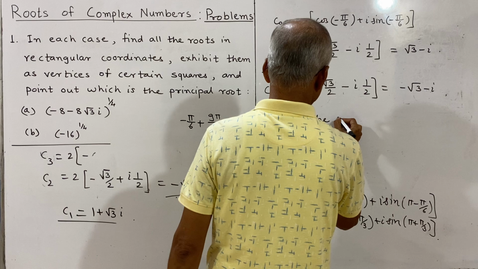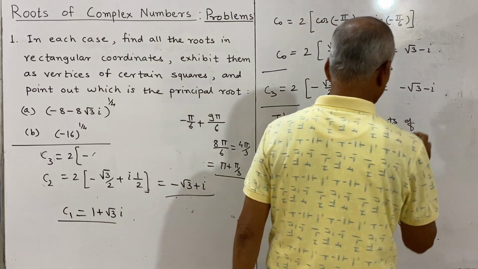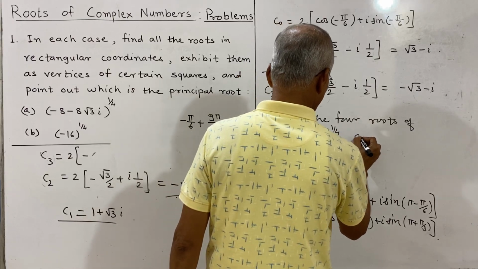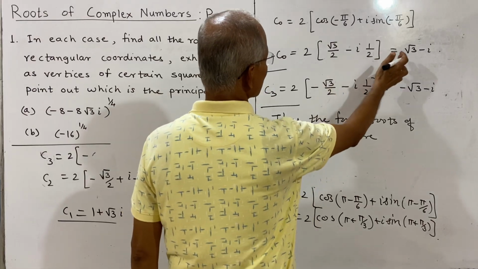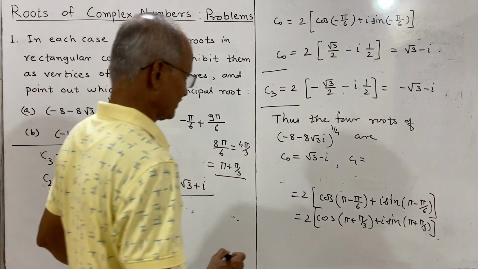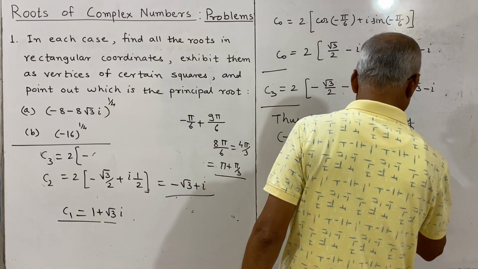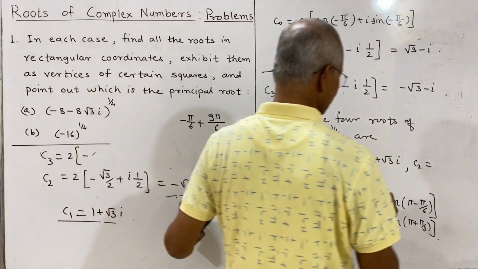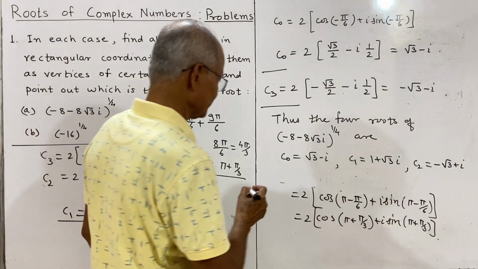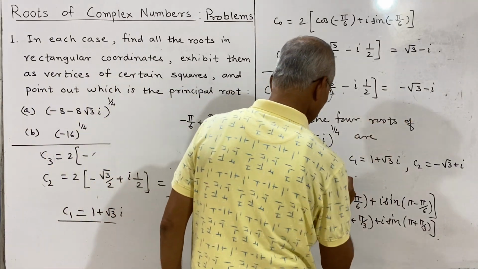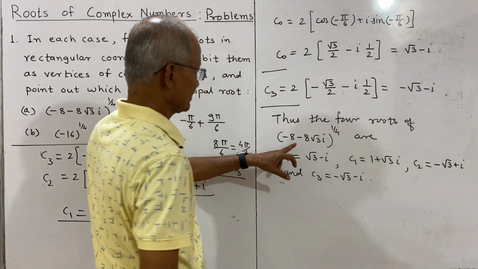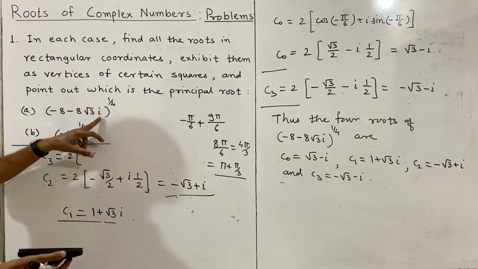Thus the 4 roots of minus 8 root 3 I are C naught, that is root 3 minus I, C1 which we have here 1 plus root 3 I, C2 it is here minus root 3 plus I, and C3 is minus 1 minus root 3 I. So thus, these are the 4 roots of the complex number minus 8 root 3 I raised to 1 by 4.